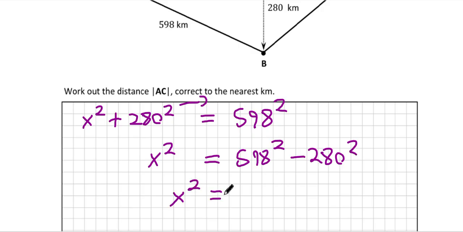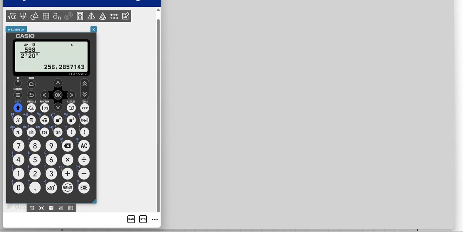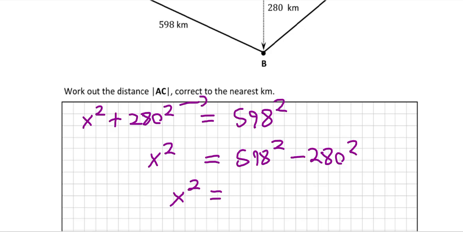Come on, guys. That's what I'm talking about. Square root it.